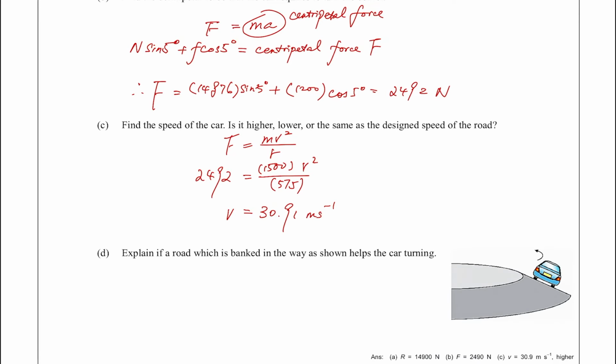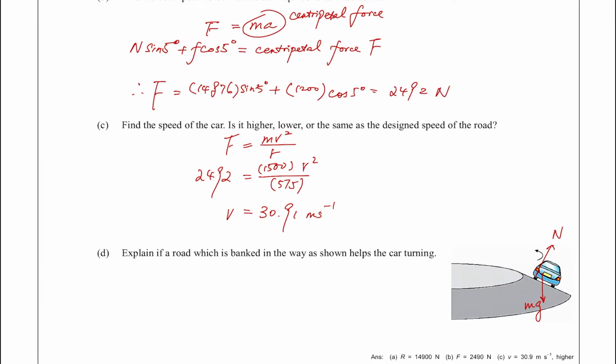Lastly, usually when we turn around the corner, the road will be banked to the inside. However, let's say if we have such a design, when the road is banked outside, you are required to explain whether this design helps the car turn the corner or not. When we try to resolve the force, because we know that the car will experience, firstly, a normal reaction force.